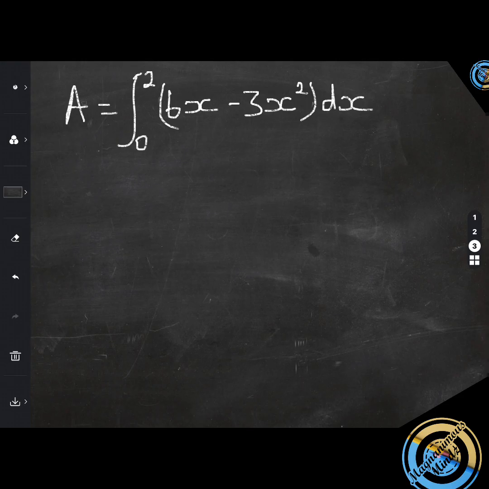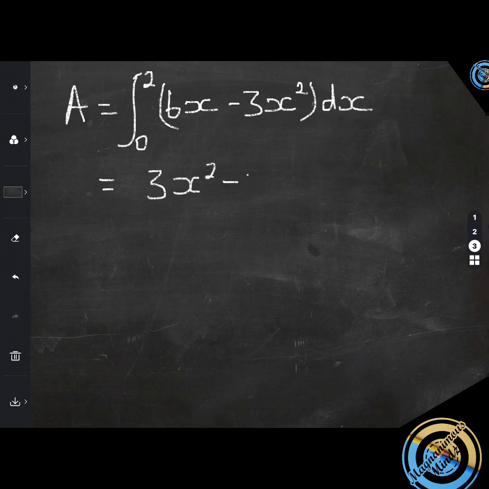So we integrate in terms of x with the lower and upper limits. So let's integrate and see what we get for this area.